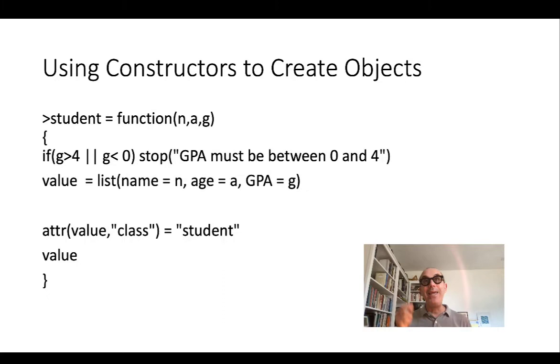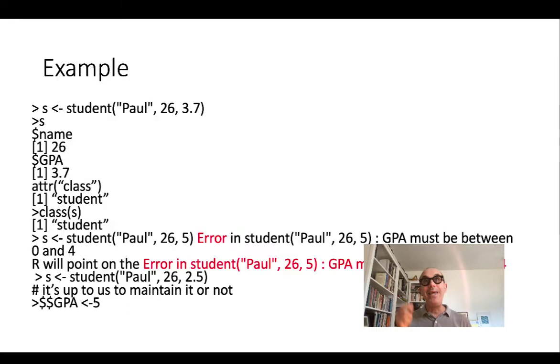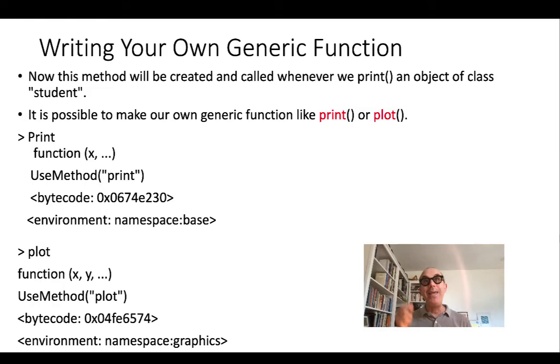For example, in the student function with name and GPA, we say if GPA is smaller than 4 and GPA is bigger than 0, otherwise stop. That gives us some idea of manipulation. For example, student Paul 26 and 3.7 works, but Paul 26 and 5 will point out an error in students, because the GPA has to be between 0 and 4. And that is a simple use of the object in this case.